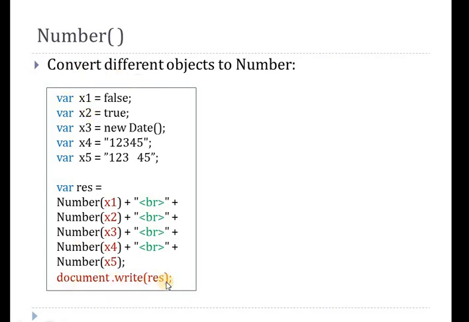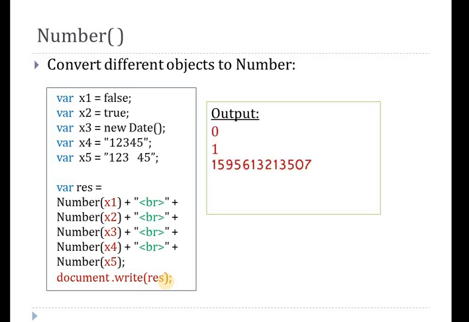And in the last, document.write res, that means I just write this variable res. Now let's see the output. Whenever I write document.write res, what is the value of res? It is like that, 0, 1. After that, new Date returns a date kind of object, and whatever is there is the number format of this date object.